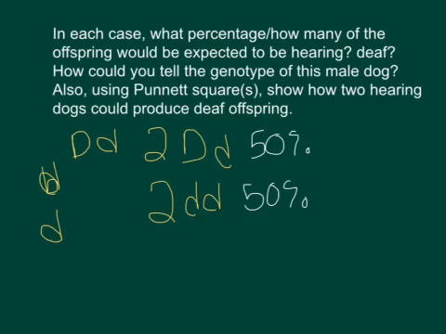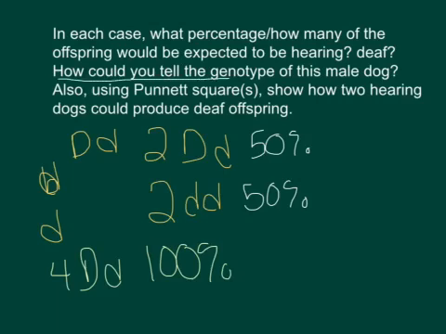In the second situation, all four dogs were heterozygous, so 100% could hear. So if we got dogs that all could hear, we would know that the genotype had to be homozygous dominant, so that all those little d recessive alleles were canceled out.